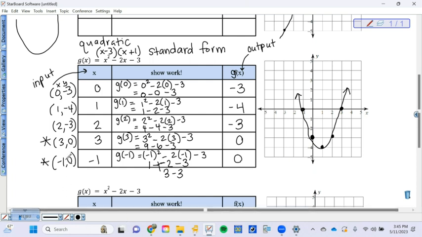Because it's the same number, opposite sign. Does that kind of make sense? We'll talk more about that later. But factored form tells you the x-intercepts really, really quickly.